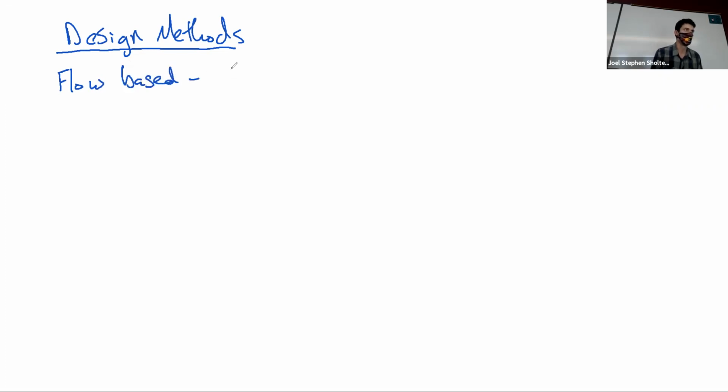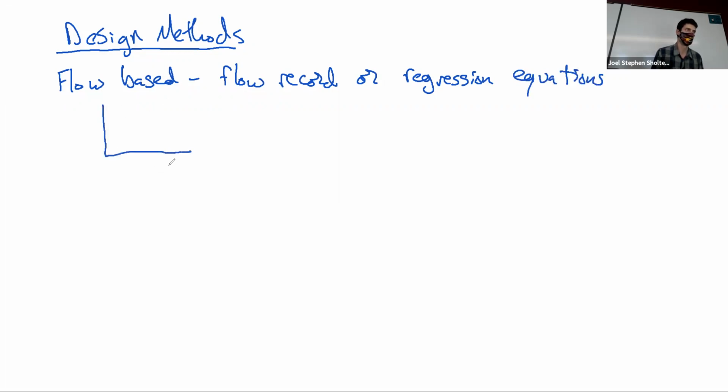And this is where we have a flow record. Or we could use regression equations. And remember, a regression equation could be something where we have an explanatory variable and a response variable.